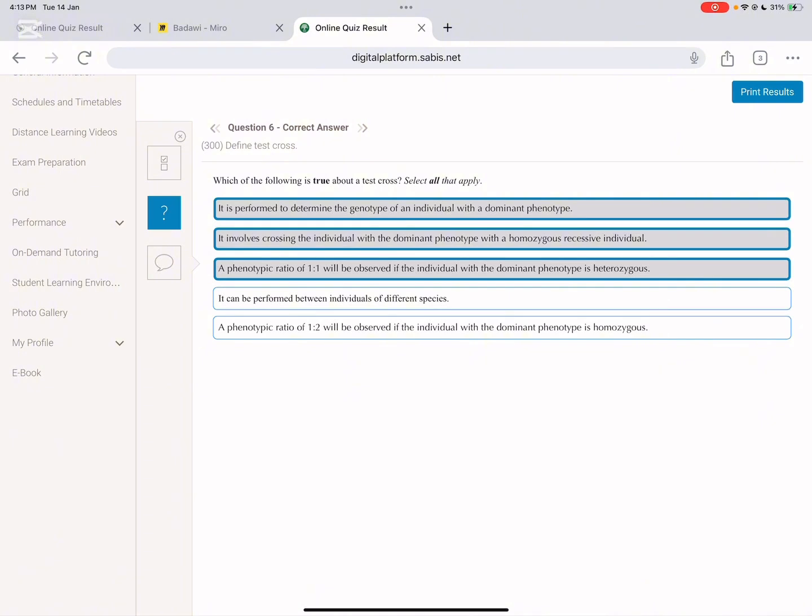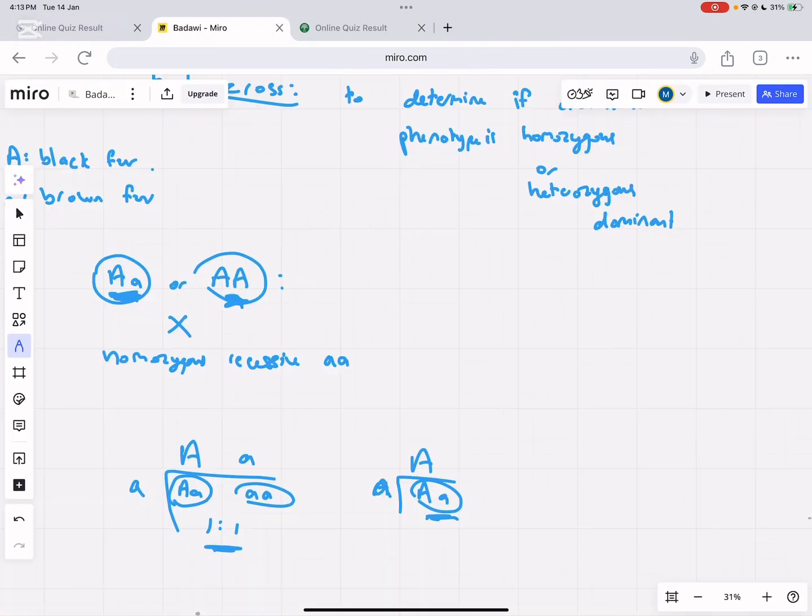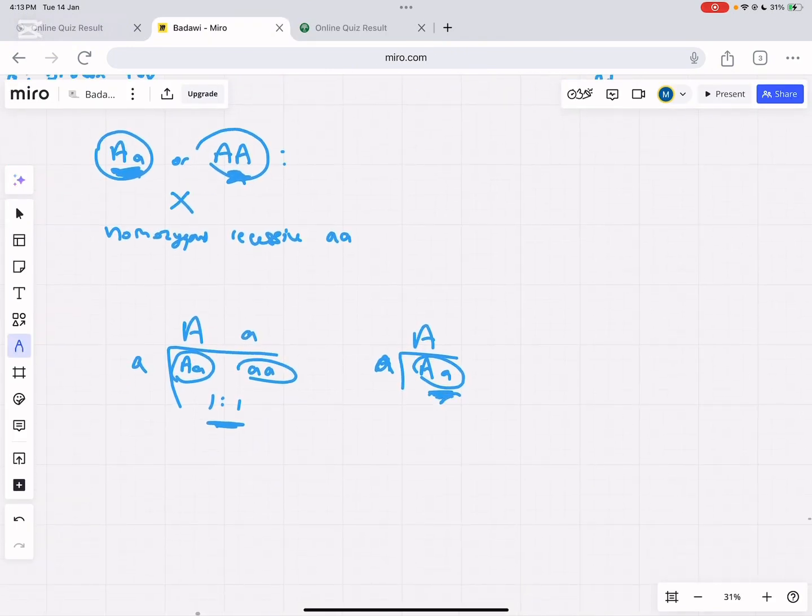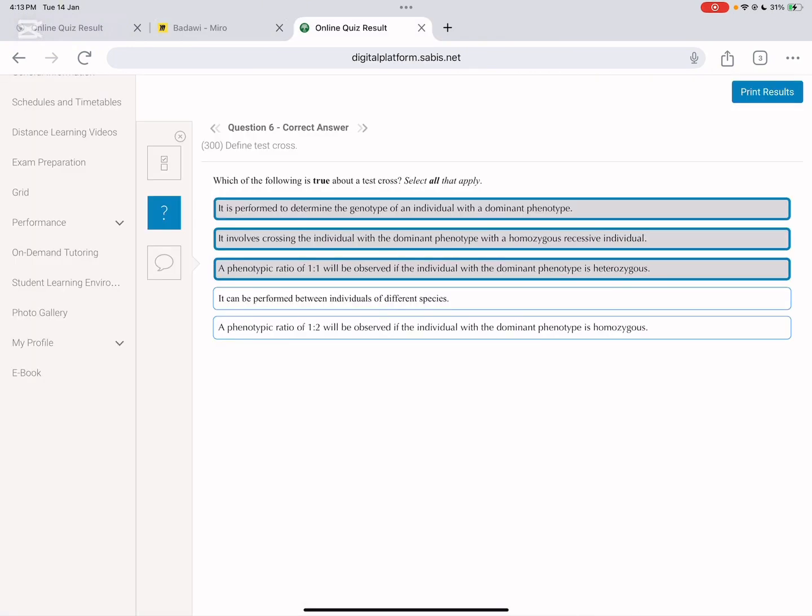That is correct. It involves crossing the individual with the dominant phenotype with a homozygous recessive, as we said, and a phenotypic ratio of 1-to-1 will be observed if the individual is heterozygous. If the dominant phenotype was homozygous, we'll only get one phenotype, which is the dominant phenotype.